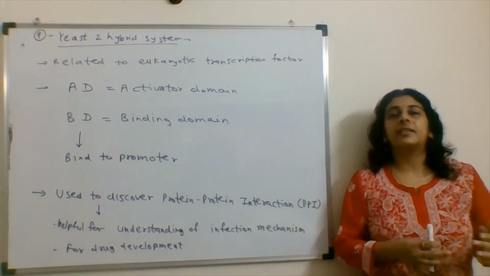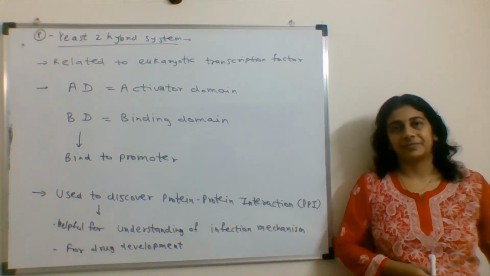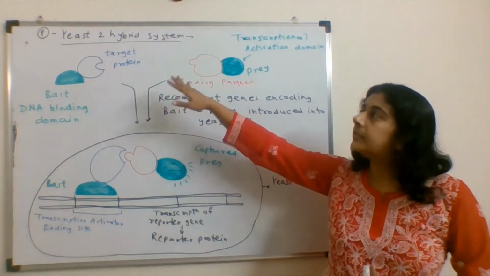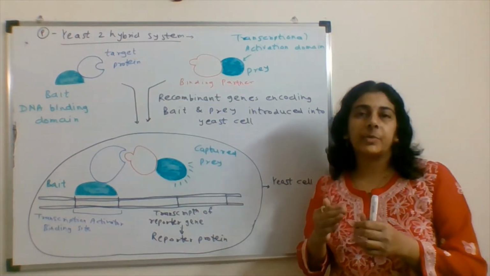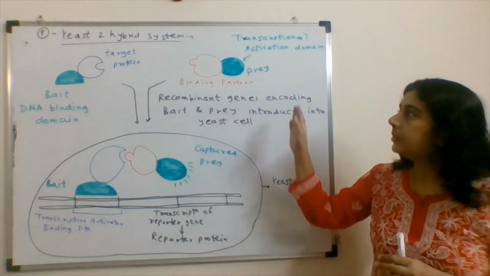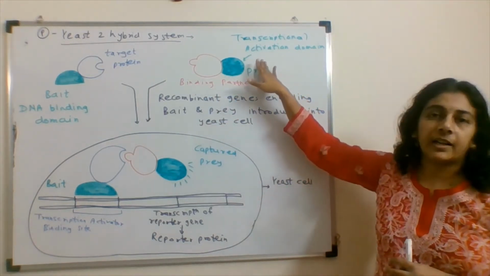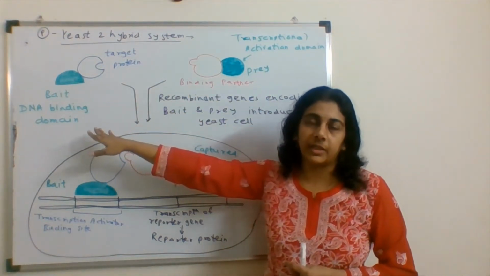So let's understand this technique in a more elaborate manner. So this is a diagram for yeast 2 hybrid system. Here the transcription factor is split into 2 domains. The one is a transcriptional activation domain and the other is a DNA binding domain.